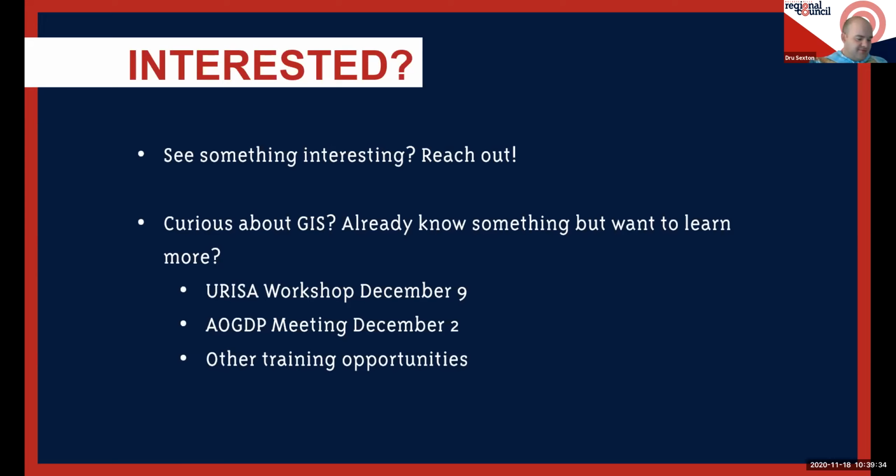So, and then on December 2nd, the AOGDP, the Appalachian Ohio Geospatial Data Partnership, is having a virtual meeting. Contact us to figure out how to get in on that if you're interested. So this is similar to professional organizations, probably putting it a little bit too formally, but it's a group of GIS folks working in several different levels of government and in support organizations who are all in the Appalachian region.